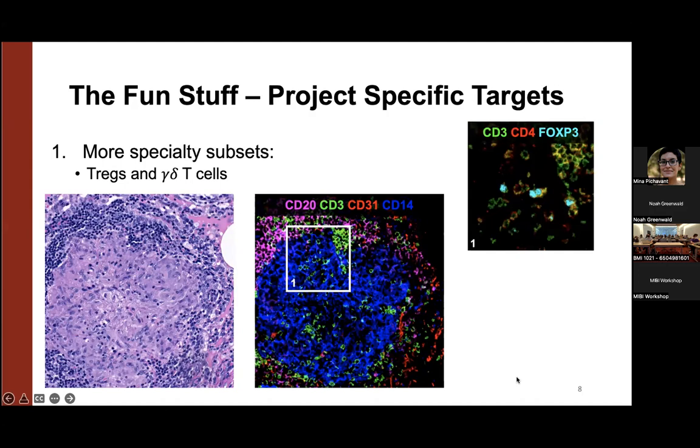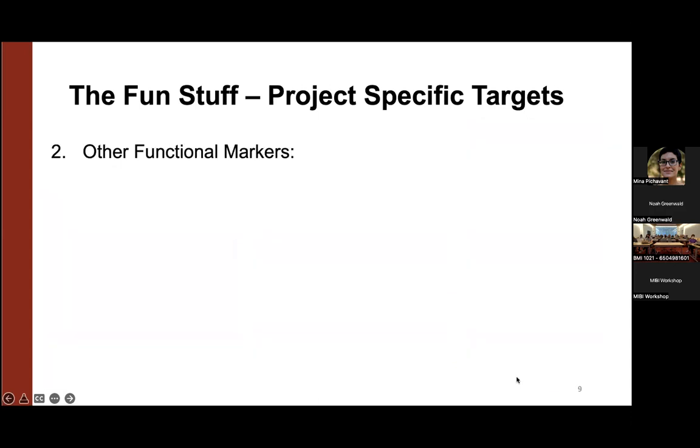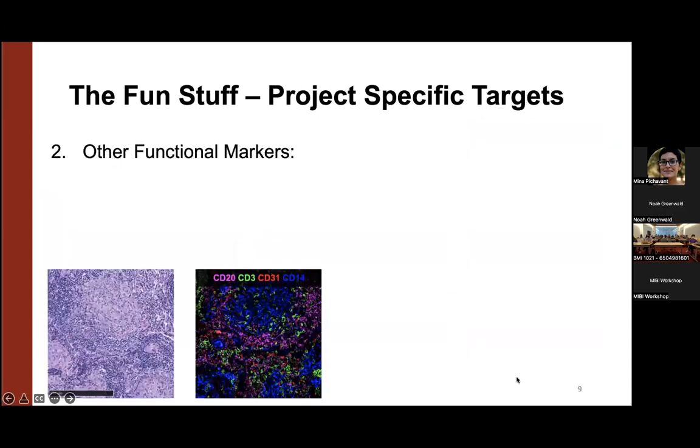And so here I've included an inset to denote Tregs based on the expression of CD3, CD4, and FOXP3, as well as here an inset to denote gamma delta T cells based on the co-expression of CD3 and gamma delta TCR.